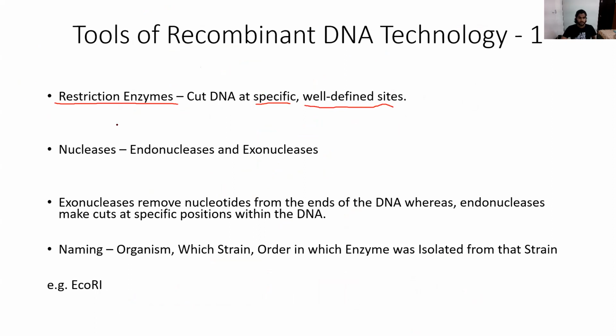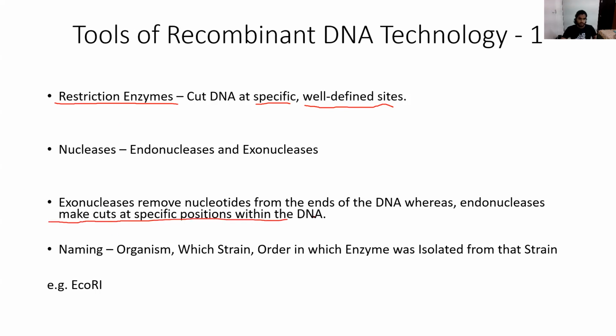So when you talk about restriction enzymes, these come under the broader class of enzymes called nucleases, which can be divided into endonucleases and exonucleases. As you can see, endo means inside. So endonucleases make cuts at specific positions within the DNA.